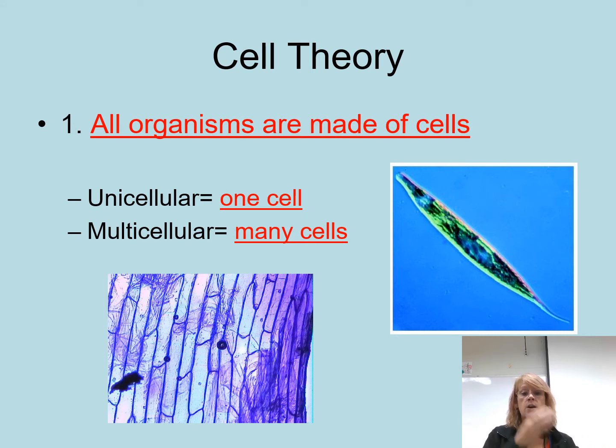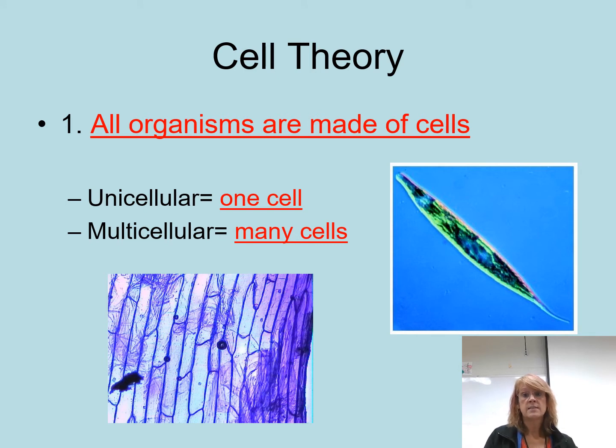Some organisms are unicellular. Like this picture here, this is an example of a euglena. It is a pond water living organism. Bacteria are unicellular. Amoebas are unicellular. The bacteria kingdoms and a lot of the members of the kingdom protista are unicellular.